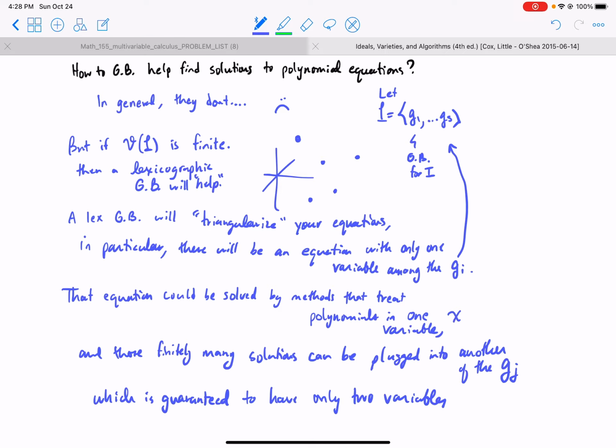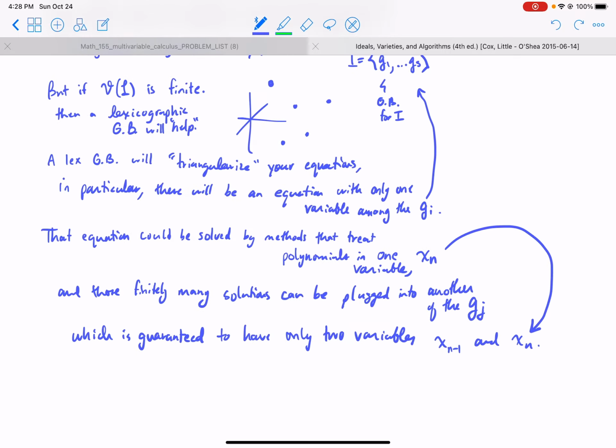And let's call that one variable xn, the last variable, and then some other polynomial will have xn minus 1 and xn, in which case you can plug in for xn and again get a univariate polynomial, etc., with each stage requiring solutions of univariate polynomials.